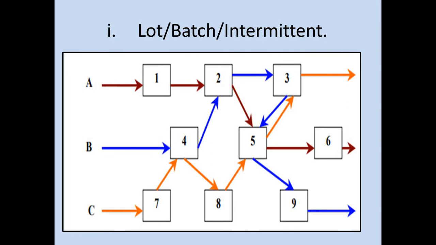Part A is manufactured by machines 1, 2, 5 and 6. Similarly, B and C are according to the blue and orange color. The A1 is brown color. For B it is 4, 2, 3, 5, 9 and output.